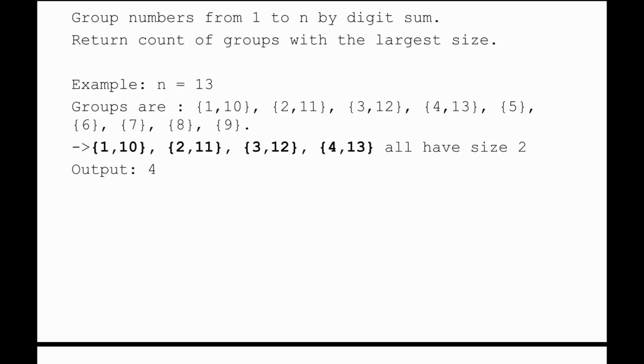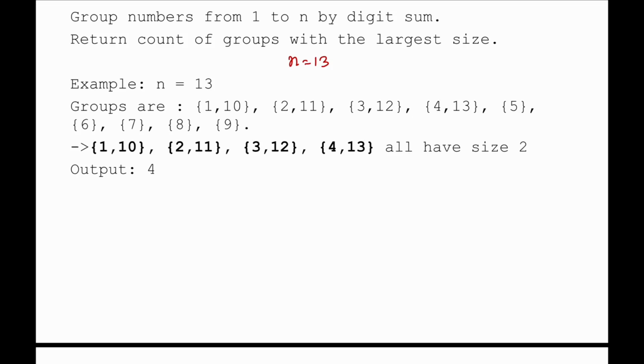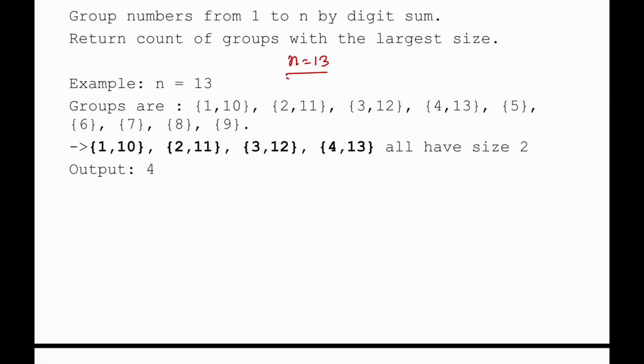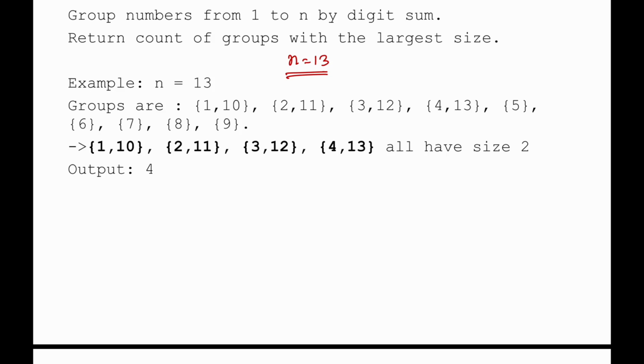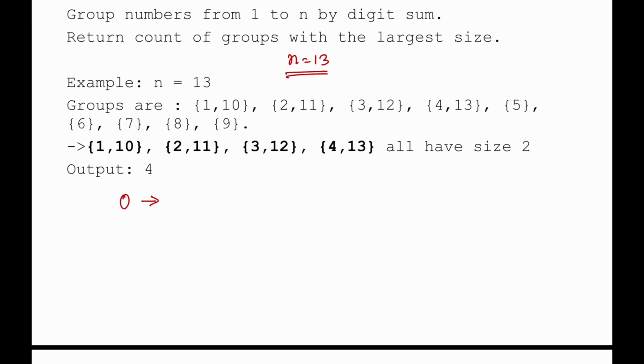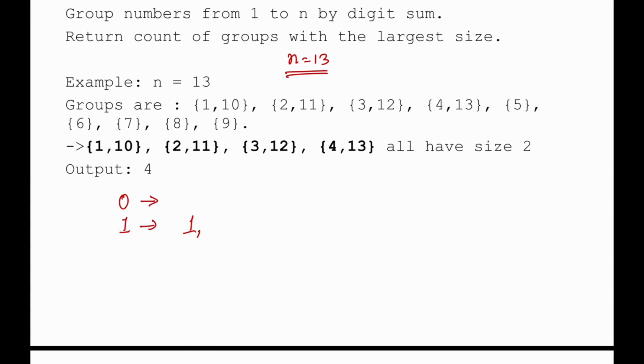So in the problem statement we are given n equals to 13, and how many groups we can make from this. For digit sum equals to 0, we don't have any group. For digit sum equals to 1, we have 1 and 10.